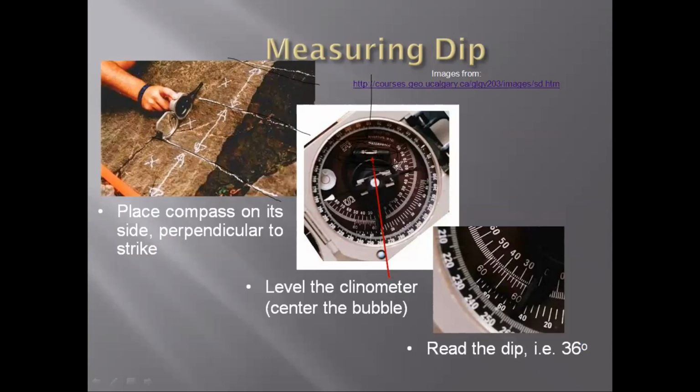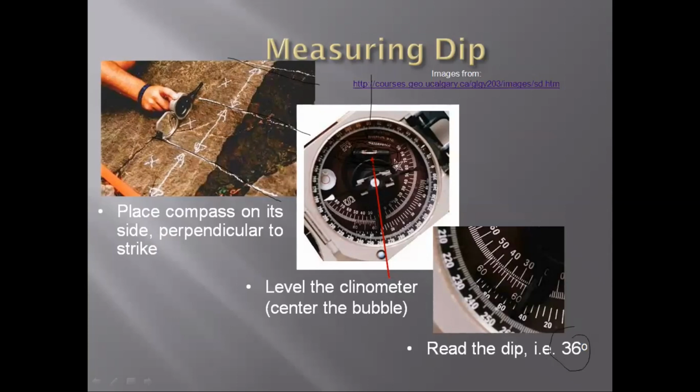Here two small lines are present, so we have to balance that bubble in the center. That shows that the clinometer is leveled, and then just read the dip. Here the dip is giving you 36 degrees.